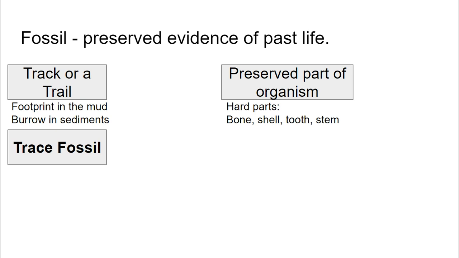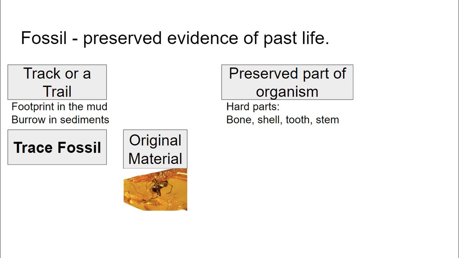For plants, you're going to have the larger plant tissues like stem materials as the primary preserved parts of those organisms. In some specific environments, you can also have leaf impressions and things like that preserved as fossils. But mostly we're going to be talking about those larger hard parts like stem material.